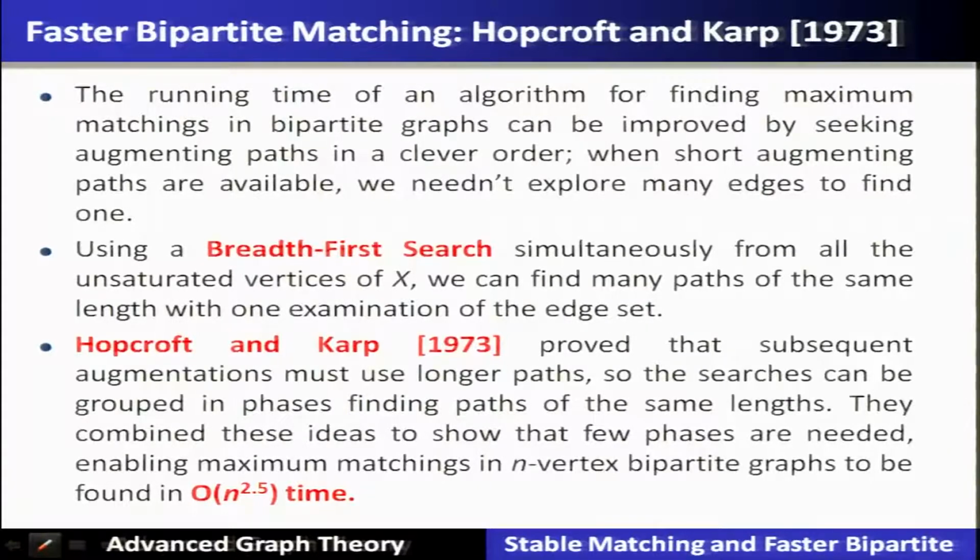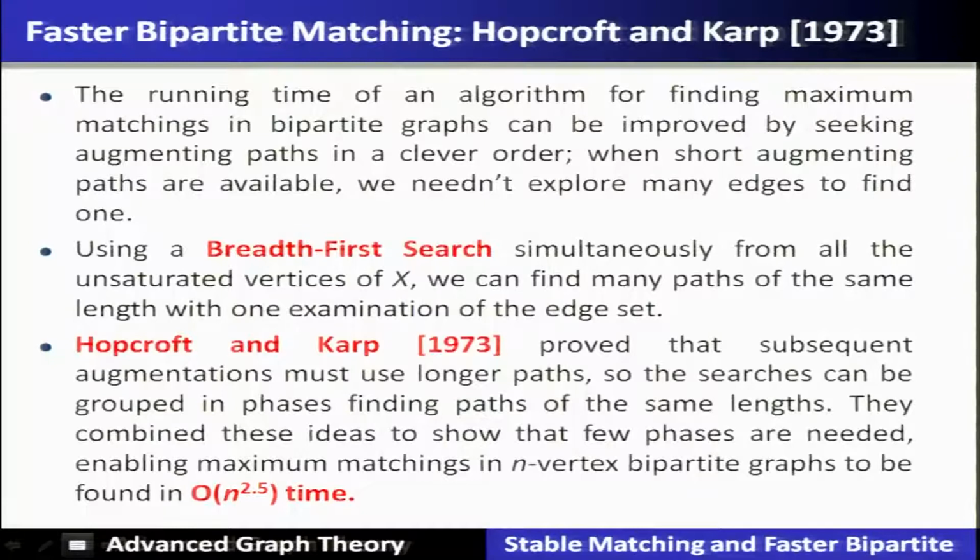So, that is why this algorithm is called a faster bipartite matching. This is an advanced topic. We are going to give you a glimpse of what makes this algorithm faster compared to the augmenting path algorithm. The running time of the algorithm for finding maximum cardinality matching in a bipartite graph can be improved by seeking the augmenting path in a clever order.